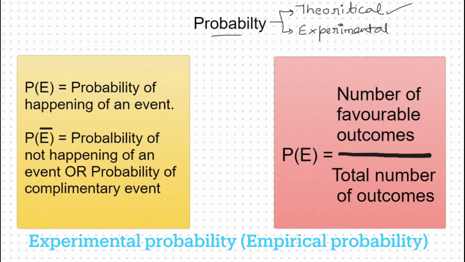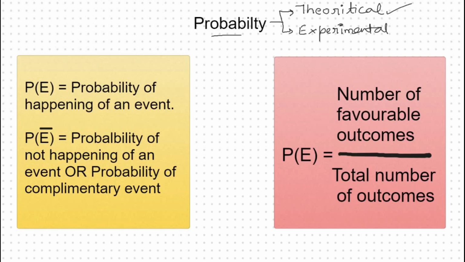Say a coin is tossed 1000 times, then the chances are that 500 times you get a head and another 500 times you get a tail. So experimental probability will become equal to theoretical probability when the number of times an experiment is performed is more. So we are studying in our textbooks the theoretical probabilities.